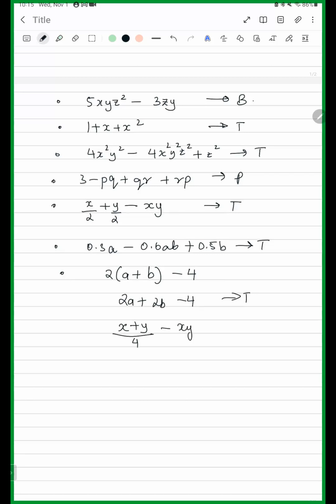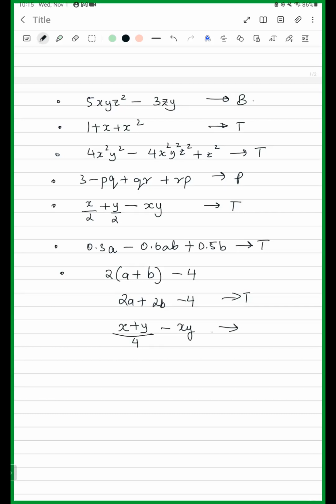What about this? It will be like xy divided by 1. Then I think it will be polynomial.